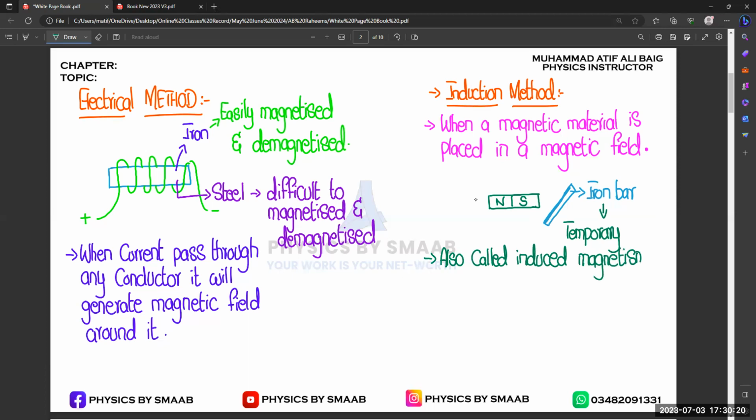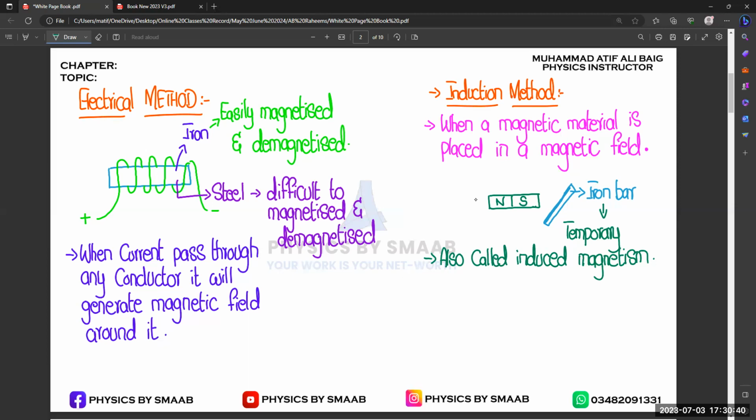Basically, there are two terms in normal life. We use the word produce, right? Produce, like to make something or to generate something by using a mixture or some specific process. But there is another word, induction. In induction there is no physical contact, right?